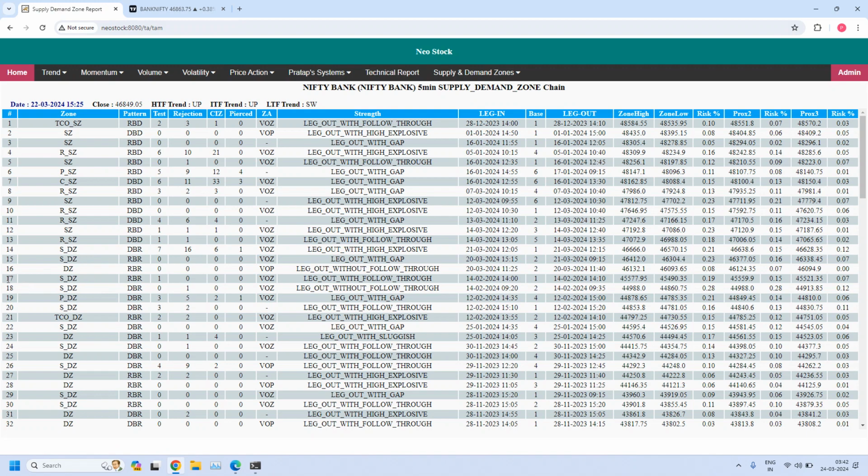One more we also need to identify. What is the next high liquidity demand zone? This is not pierced. This is on 14th February, 14 hours.